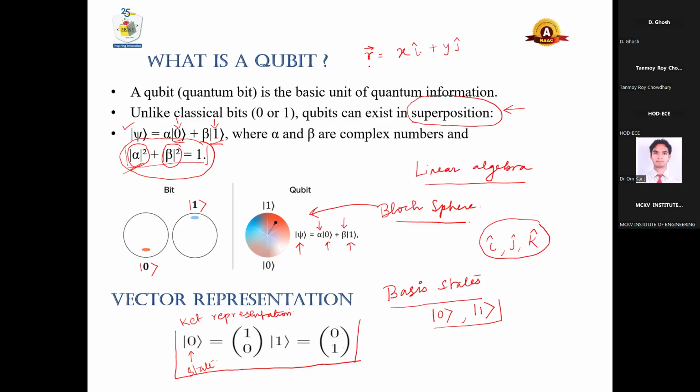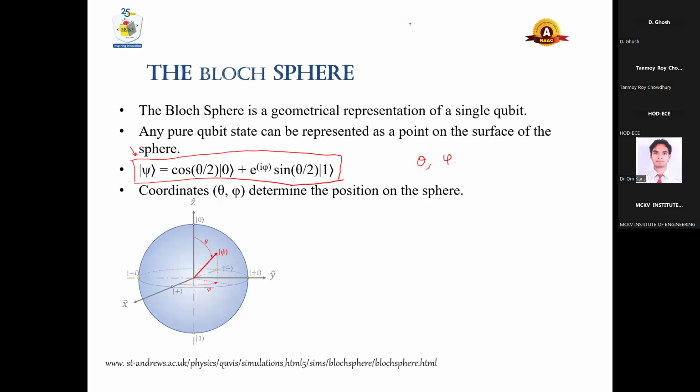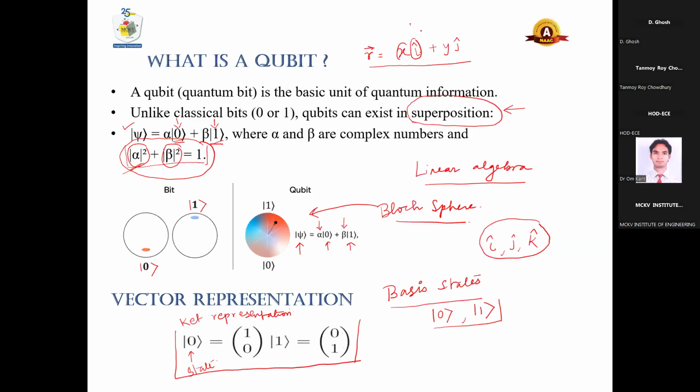Now you see the analogy: this is my zero ket and this is my 1. And this is the projection, because if I project i cap onto the r vector, I get x in this case. So this is what I get, alpha over here.